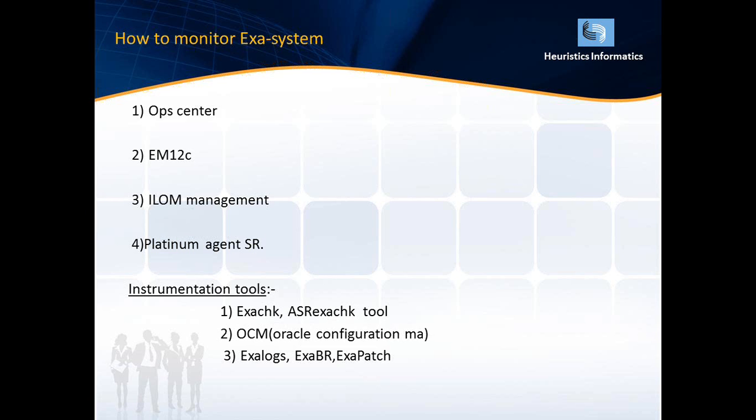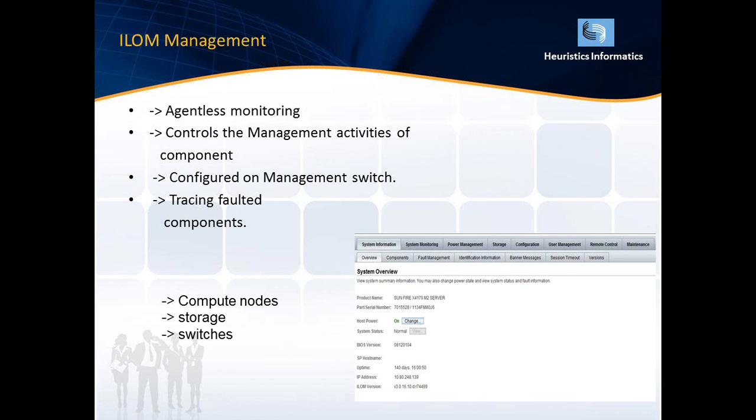So it is called agentless monitoring, which is used to monitor each and every component within the Elastic Cloud. The configuration of this ILOM management has been done by Oracle itself. We need not configure anything. And each and every component has a hardware and software service processor exclusively for ILOM management, which works for each and every component.